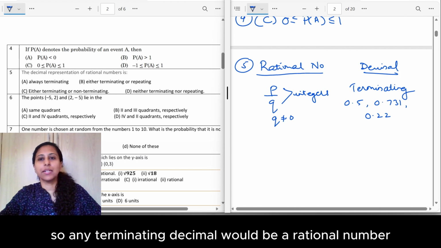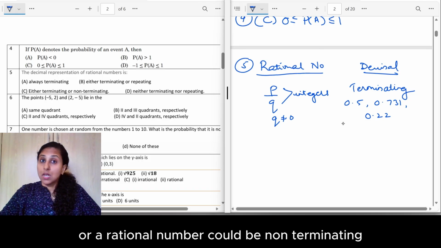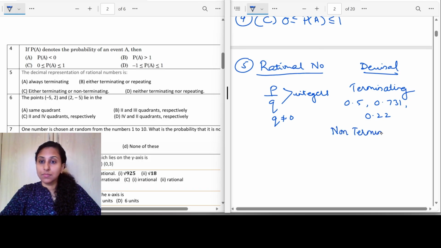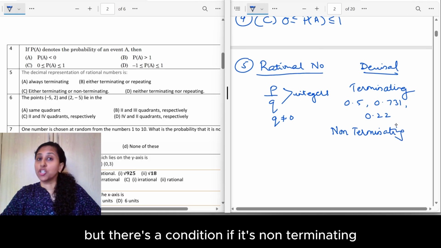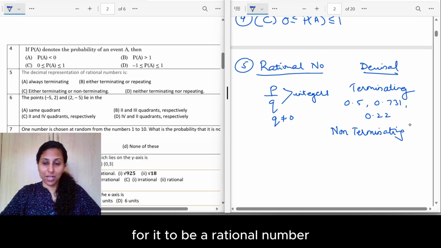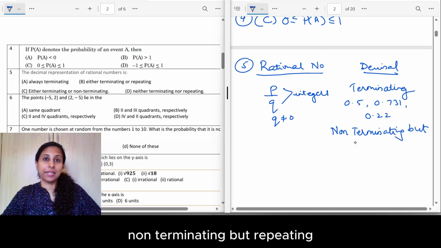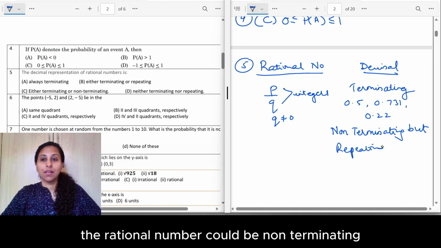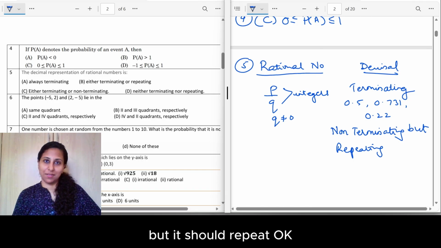So any terminating decimal would be a rational number. Or a rational number could be non-terminating, but there's a condition for it to be a rational number: non-terminating but repeating. The rational number could be non-terminating, but it should repeat.